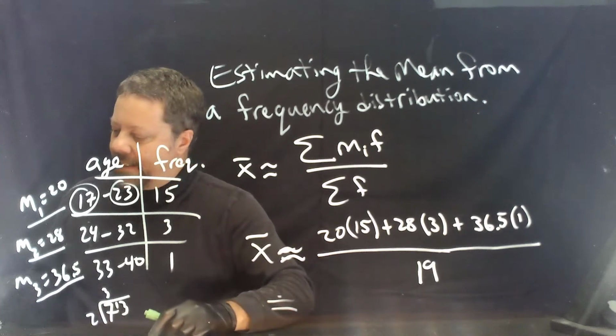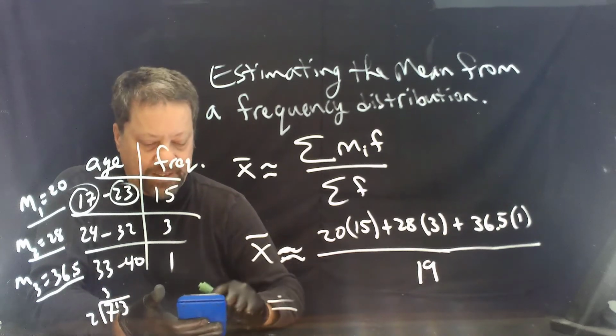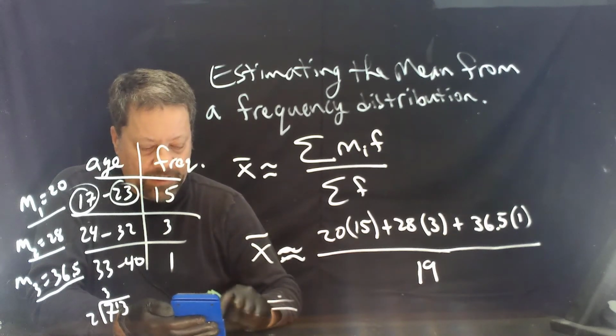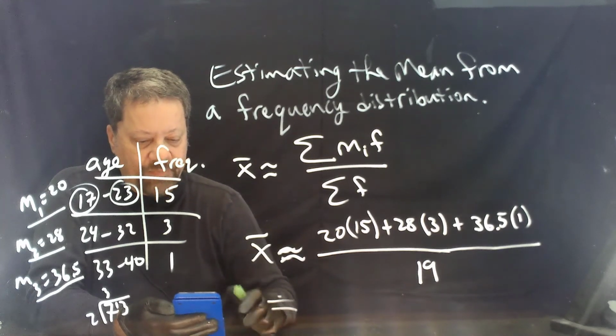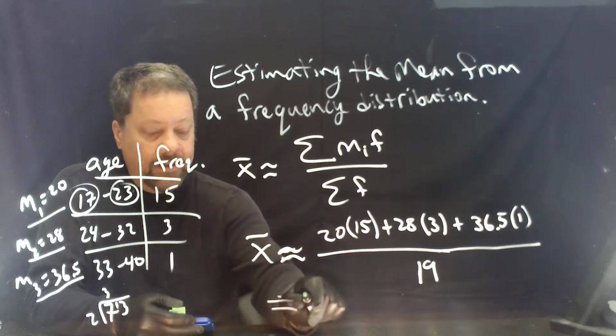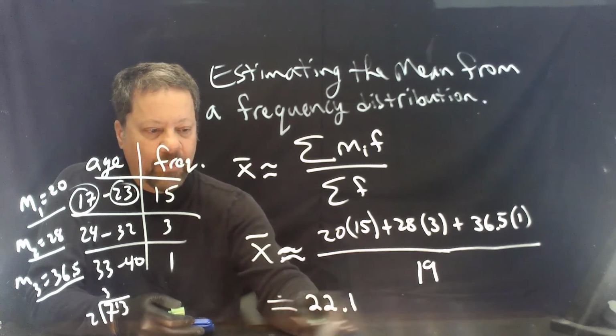We can crunch these numbers on our trusty calculators. Let's see, 20 times 15 plus 28 times 3 plus 36.5. We'll divide the whole thing by 19, and I'm getting 22.1.